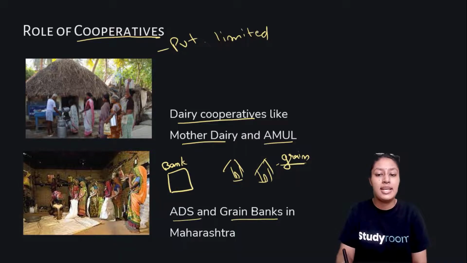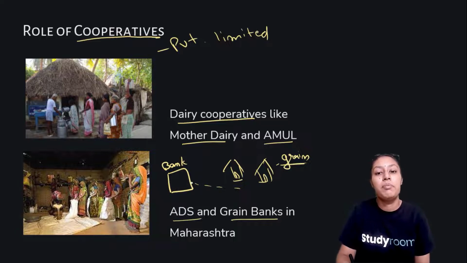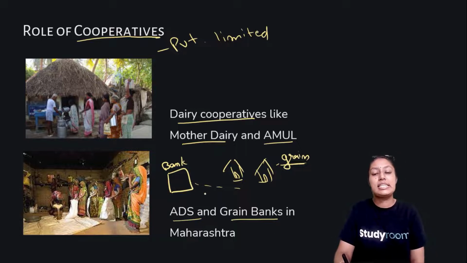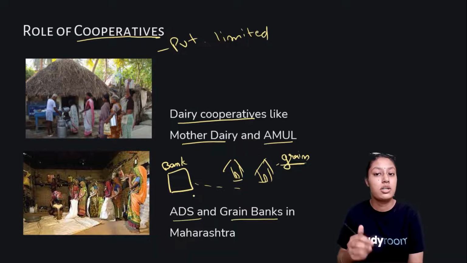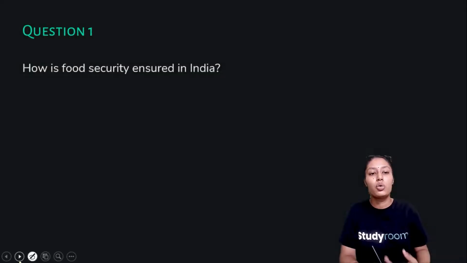In that case, these people visit the grain bank or ADS, and they provide ration to these people. Basically, ADS and grain banks work with the marginalized section and help them by providing regular food supply. So these are the major roles of cooperatives.